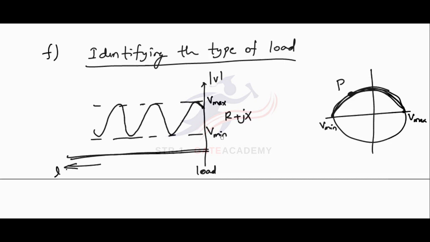Next, if the load is R minus jx, then the point will be located in the bottom half of the Smith chart. When you move towards the generator, you will obtain Vmin first.